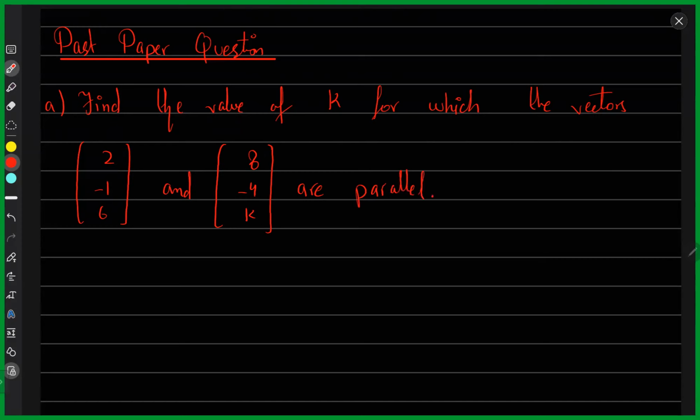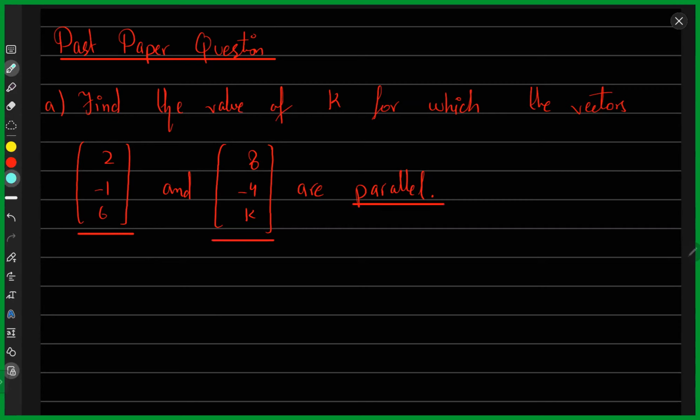Okay, all right. Now, the question says find the value of k for which the vectors this and this are parallel.